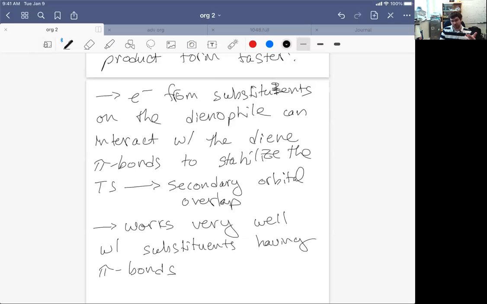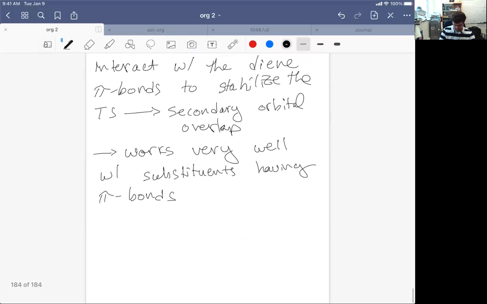Okay, let's go through some examples. What I'm trying to do with these examples is show you some endo products. Let's consider a case where this matters.